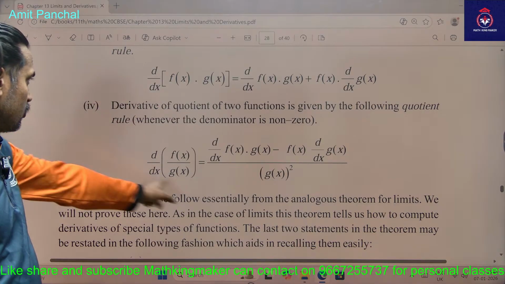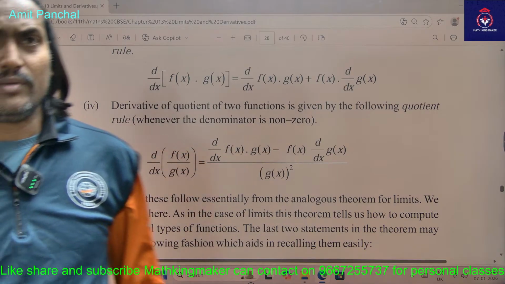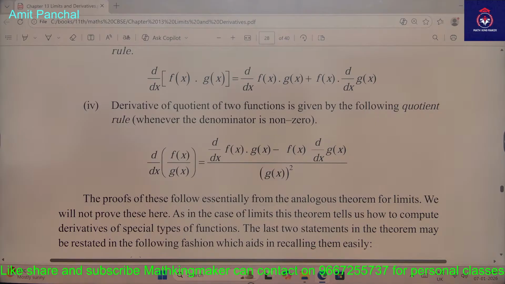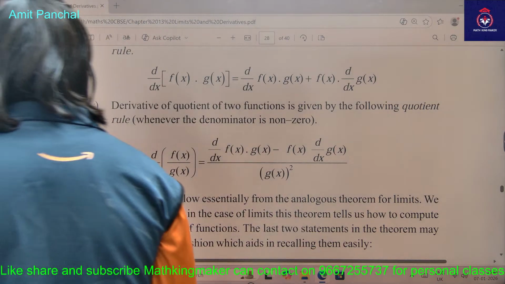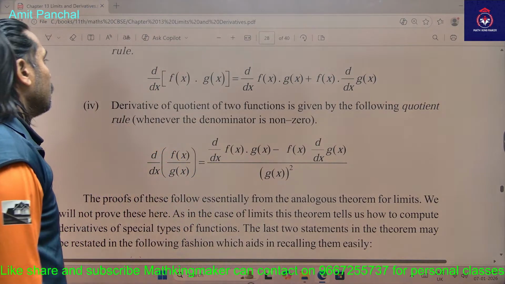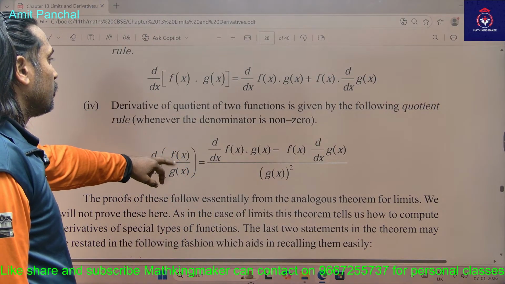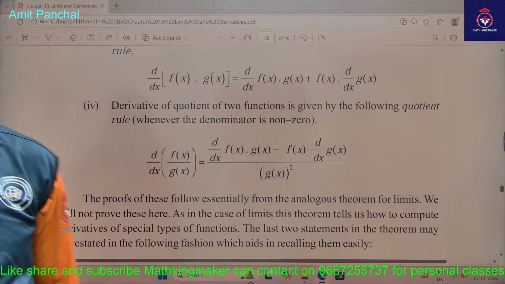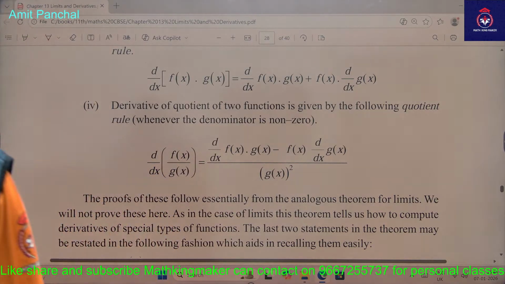Just write down these two formulae, just note them down, because if somewhere you find the product or quotient of two functions, then you have to use this rule. This one is the product rule, this one is the quotient rule. And the condition in the quotient rule is that your denominator must not be 0.